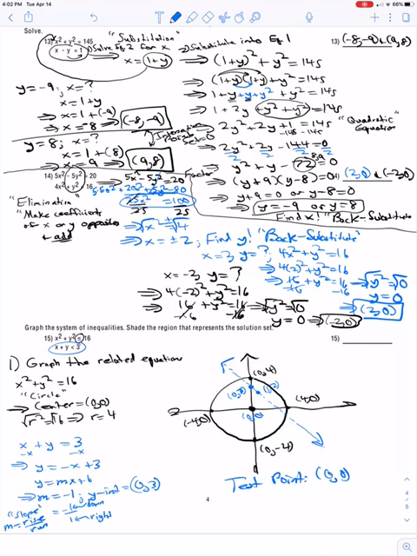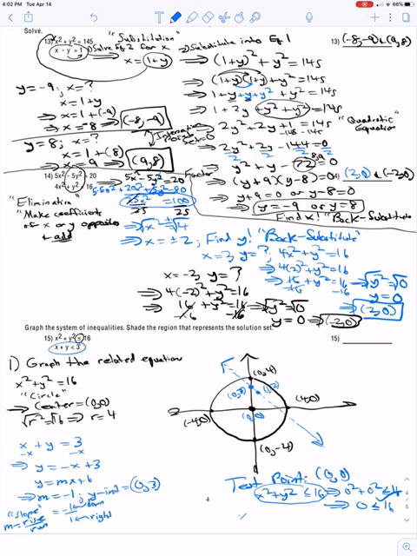As we test it, we've got to plug into both. Remember, we've got x squared plus y squared must be less than or equal to 16. Is that true? That'll be 0 squared plus 0 squared less than or equal to 16, which gives me 0 less than 16. That's true, so that's a solution to that inequality.